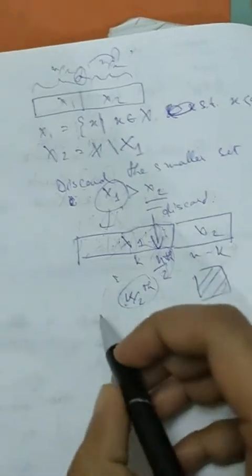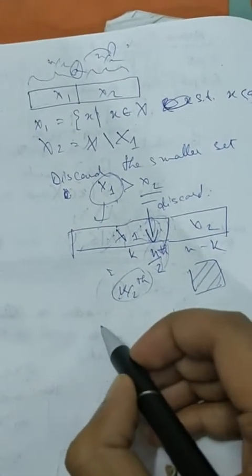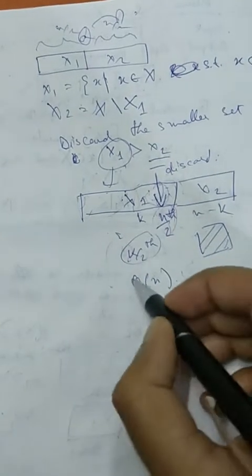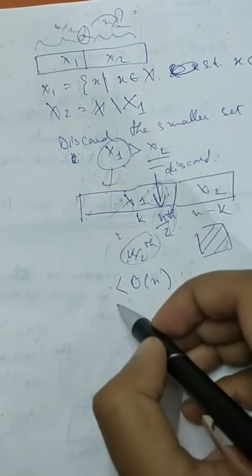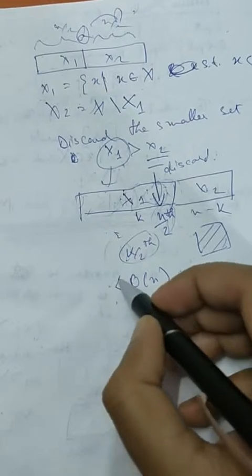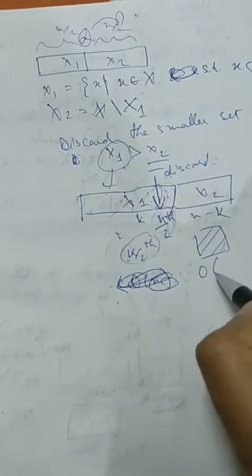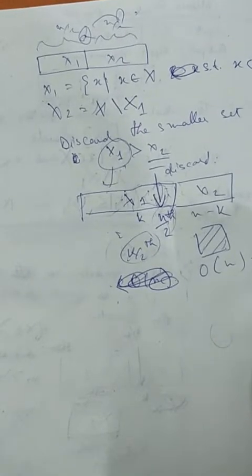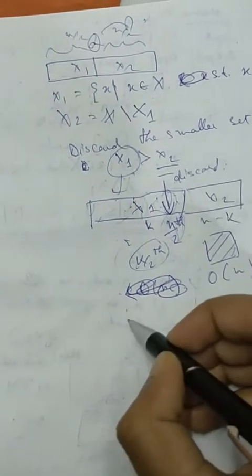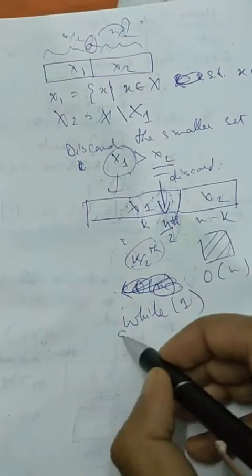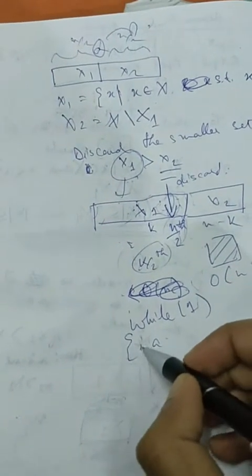Only if we don't spend more than order n time in finding out the splitter. Okay, because we are doing a while loop and checking if a is a good splitter.